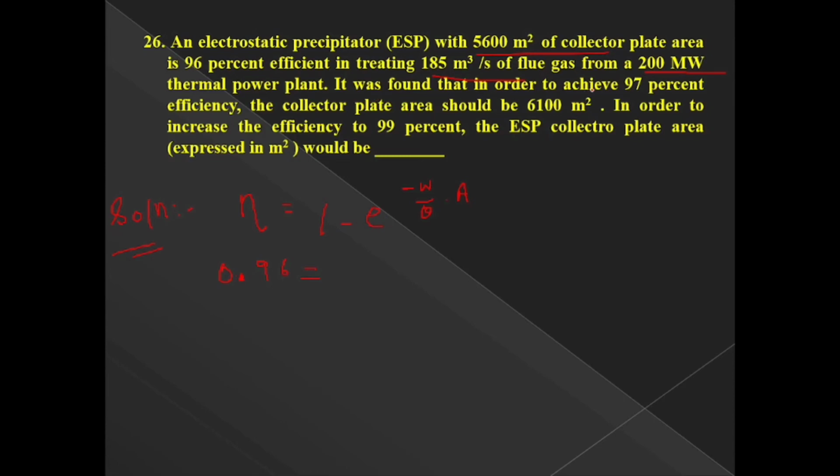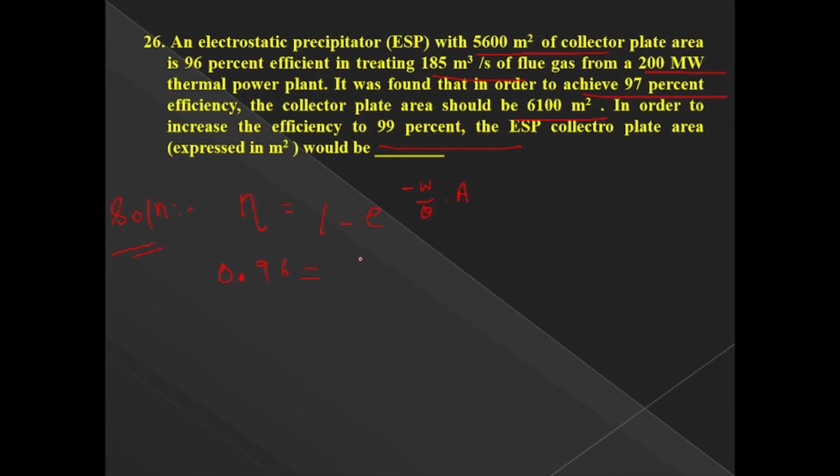It was found that in order to achieve 97% efficiency, collector plate area should be 6100 meter square. In order to increase the efficiency to 99%, the ESP collector plate area would be, okay, we have to calculate according to 99% efficiency.